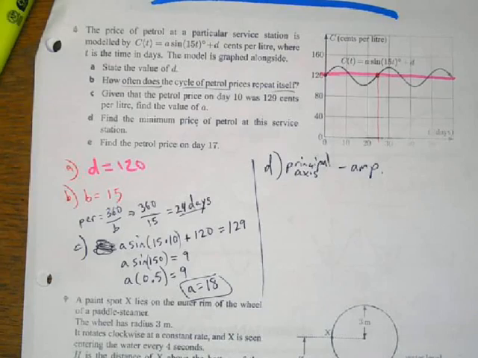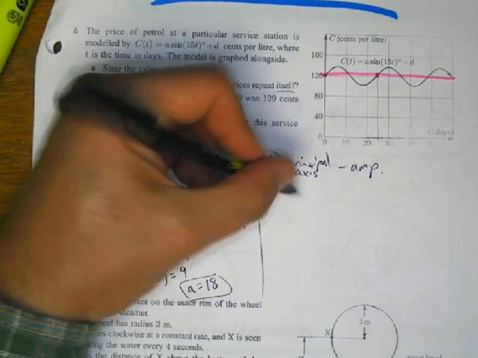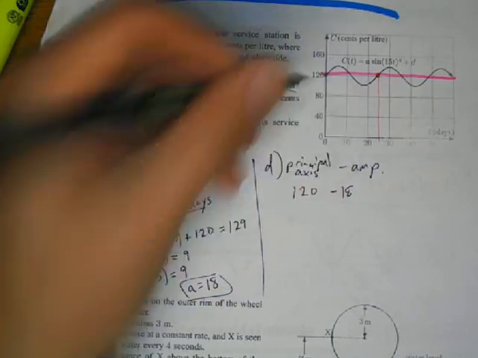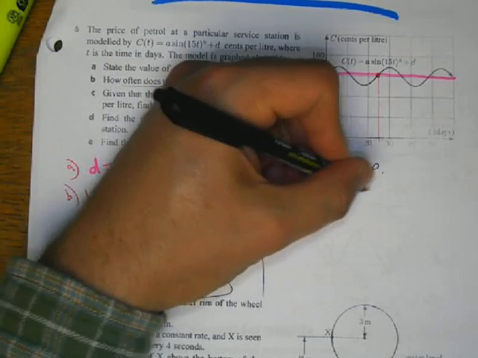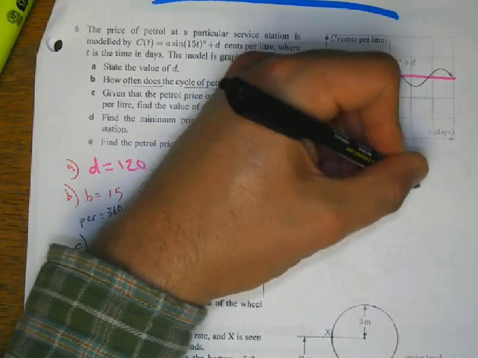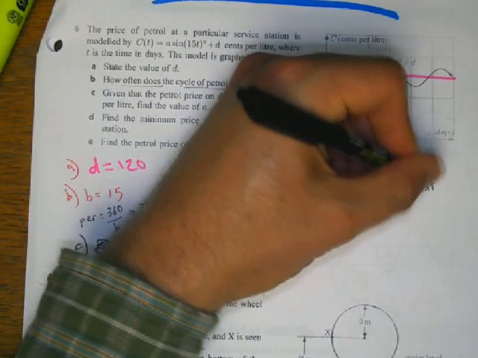And so our principal axis is 120. Our amplitude is 18. So I subtract the two, and I get 102 cents per liter.